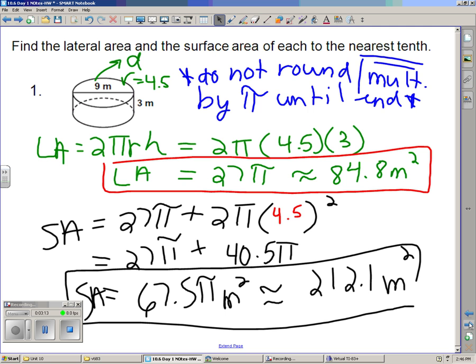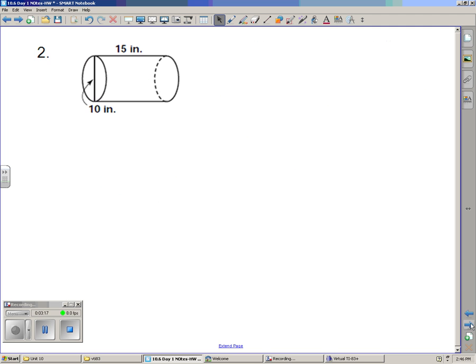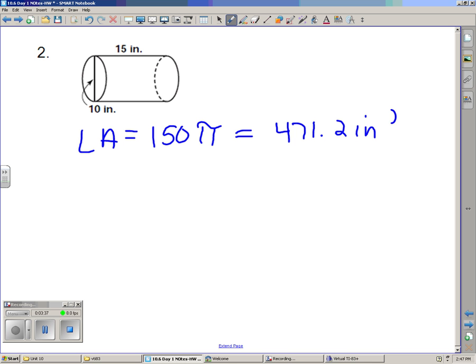Okay? The second example is the exact same as the first. The second example I'm not going to do. Feel free to do it if you'd like. Let me do this though. Should you choose to do the work, your lateral area becomes 150 pi, which is about 471.2 inches squared.